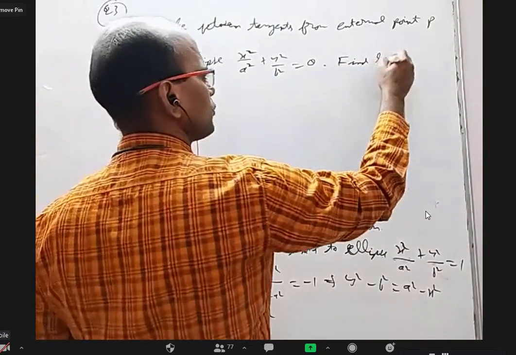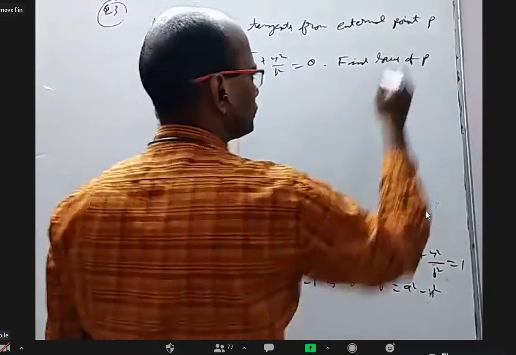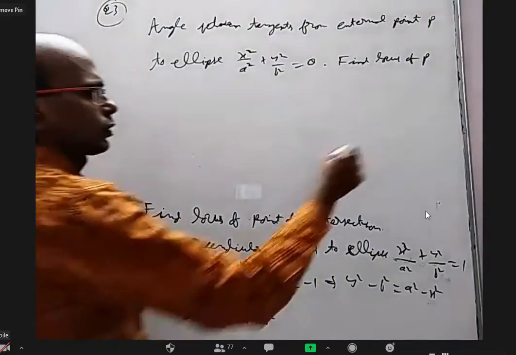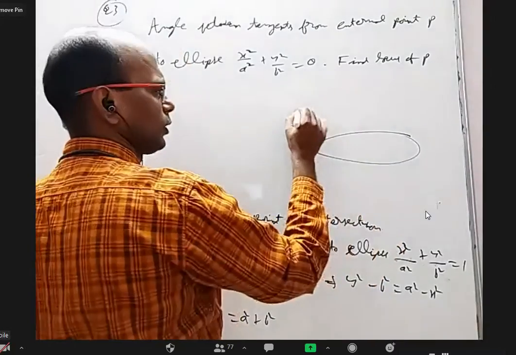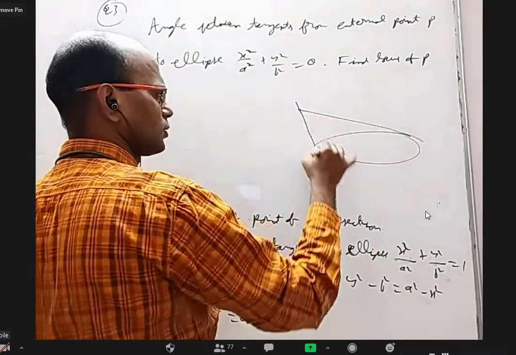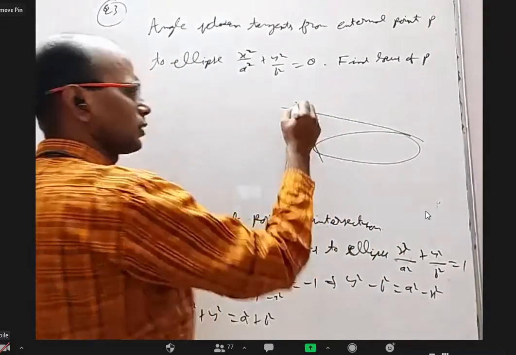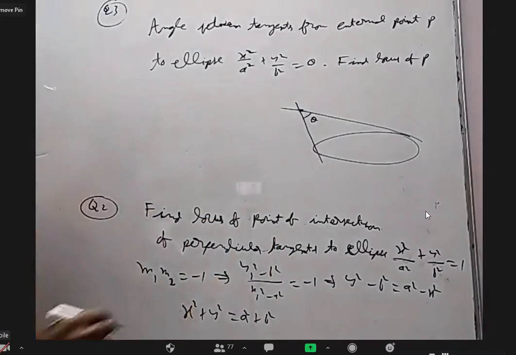Find the locus of P. Okay, we have an ellipse, we have an external point from which to draw two tangents, and the angle between them is theta. You have to find the locus of this point.